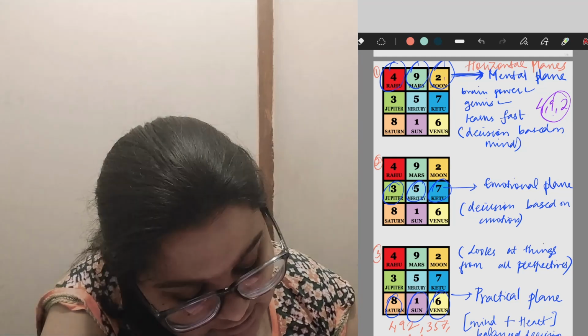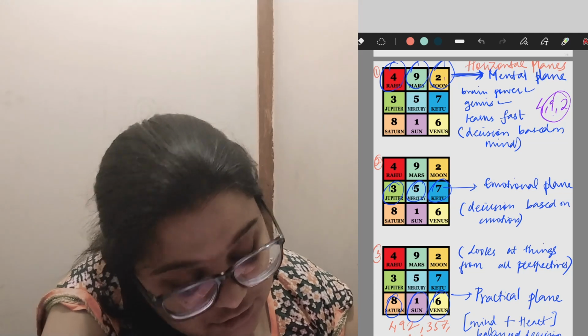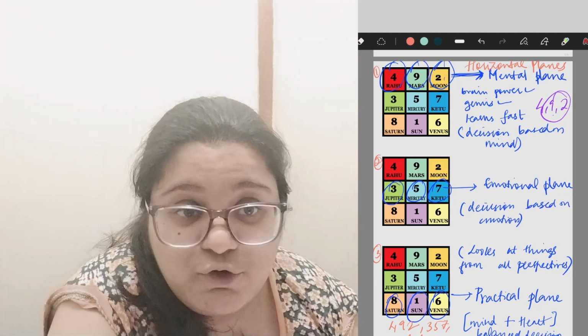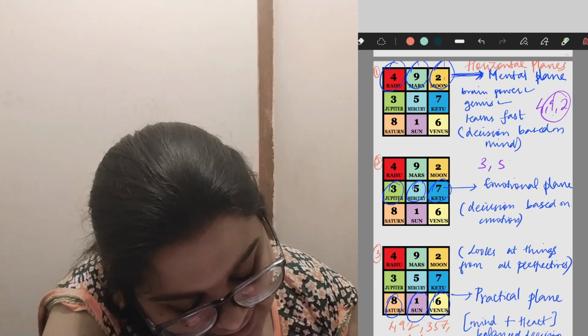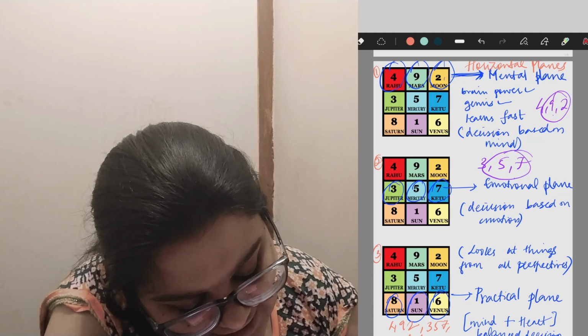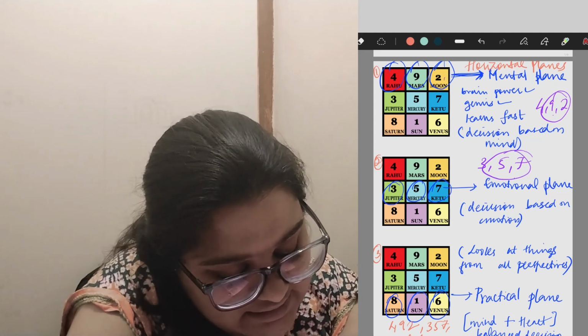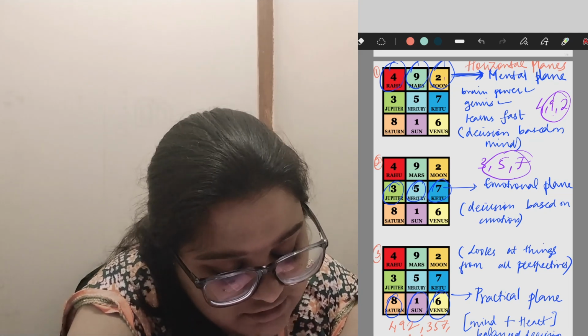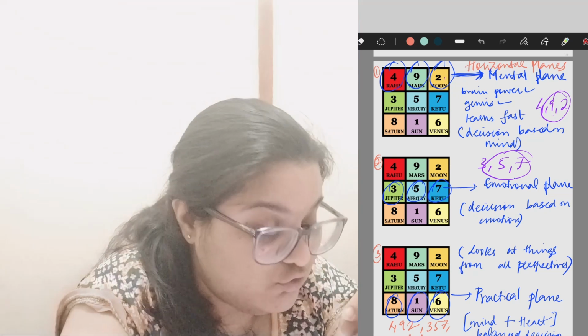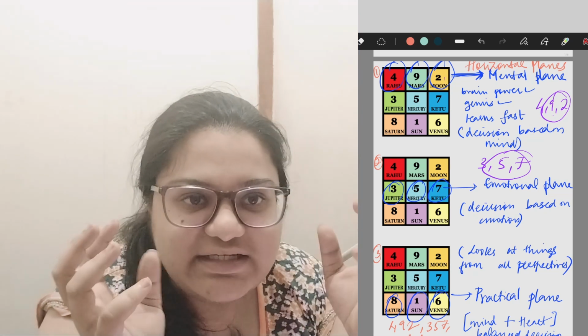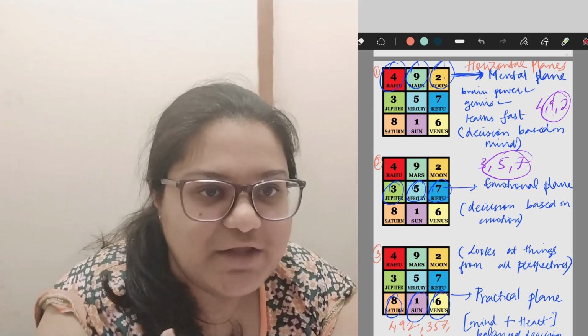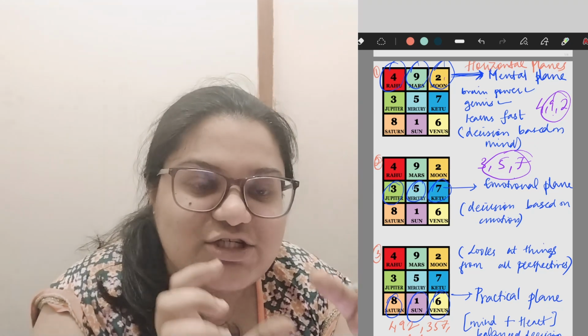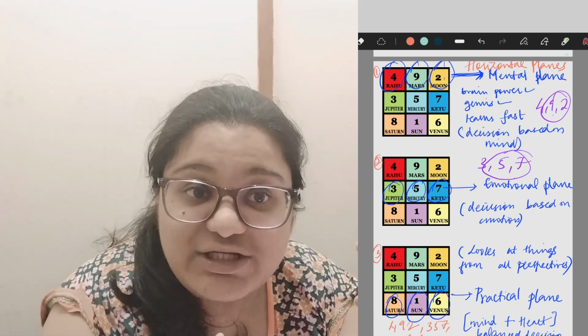Next, the second row that we'll be talking about is the emotional plane. The emotional plane comprises 3, 5 and 7. The planet association for 3 is Jupiter, 5 is Mercury and 7 is Ketu. All of these numbers talk about guides, mentorships, intuition and energy. So all of these associations can be related to your emotional level.